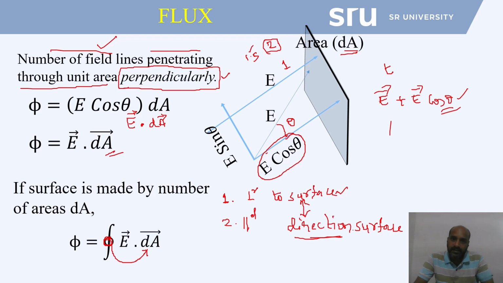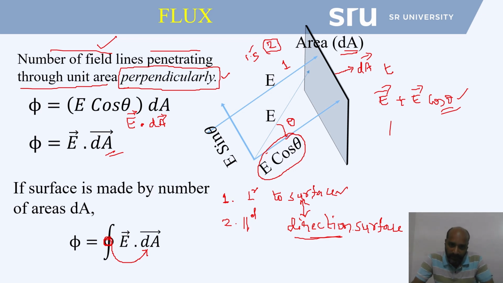If this is the surface, the direction of any surface is just the perpendicular drawn to that surface. That will be the direction. I mean, this is dA. The direction of this surface is the dA vector, which is drawn perpendicular to the surface.